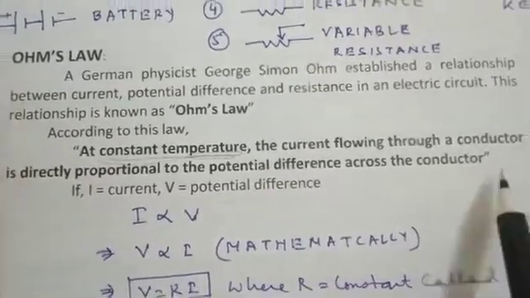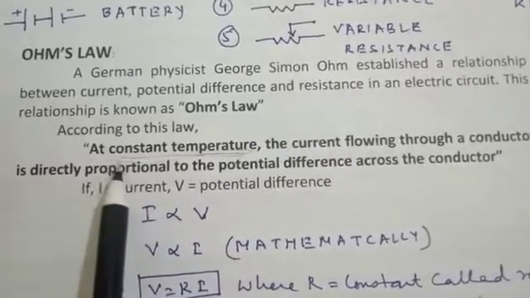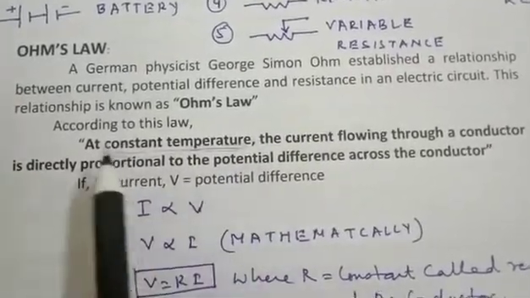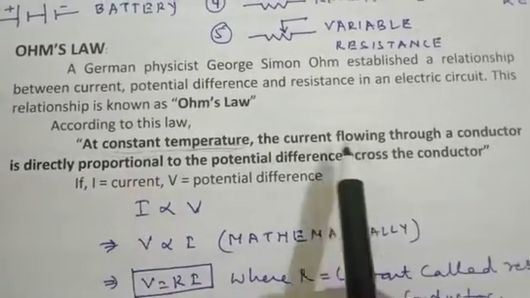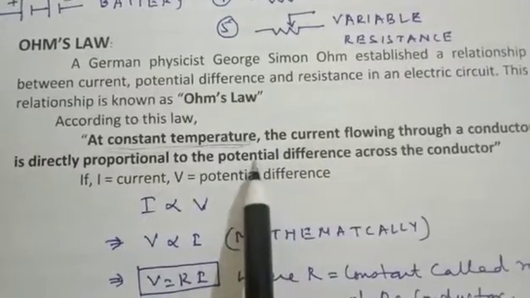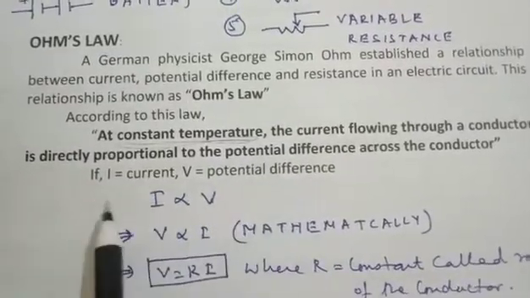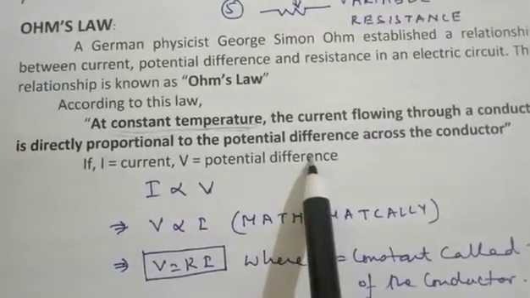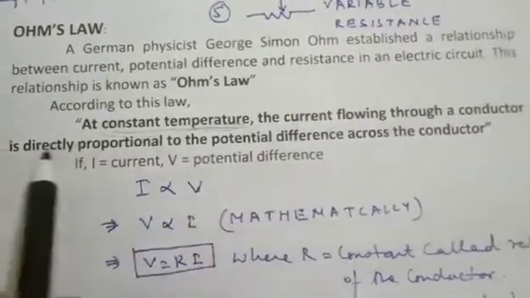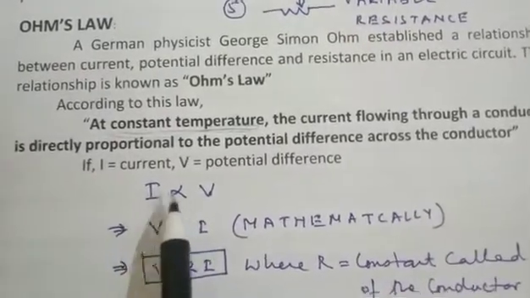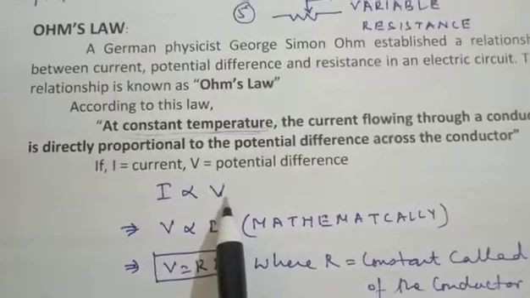Whenever you define Ohm's law, the most important thing is that the temperature is kept constant, and then we create a relation between current and potential difference. Let I represent the current and V represent the potential difference. On the basis of the statement, I can give a relationship: I is proportional to V.